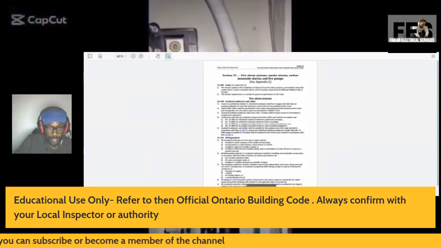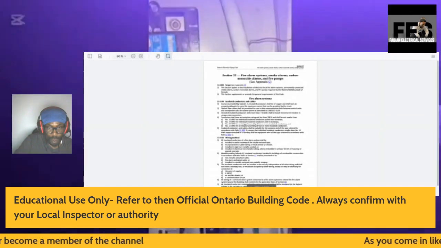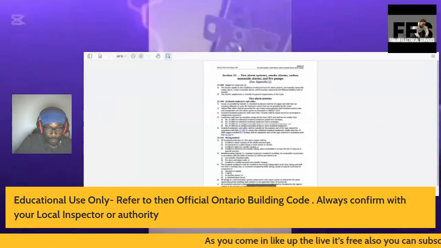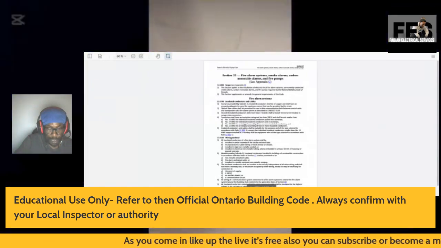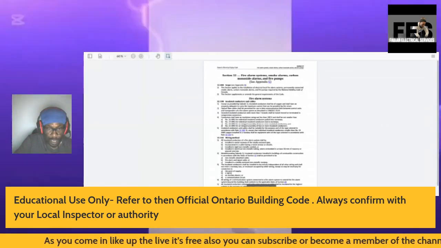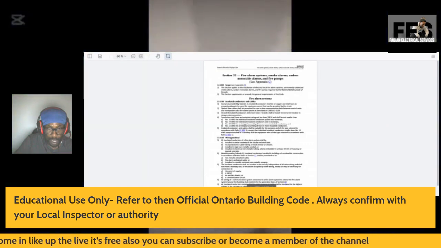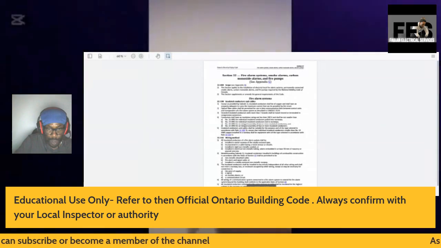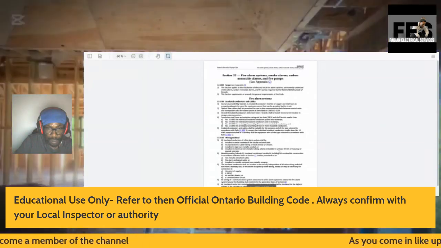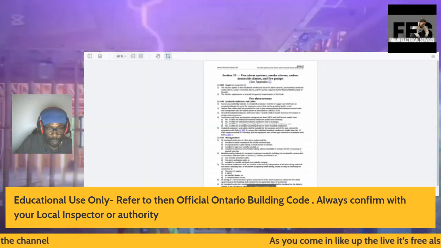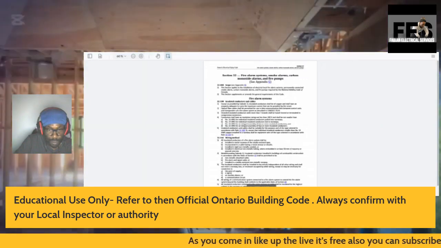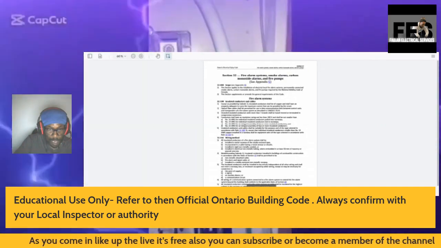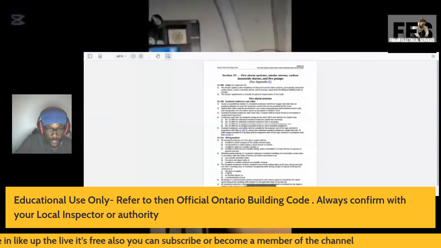Installed in rigid non-metallic conduit, which is the PVC that we use on the outside. Installed in electrical non-metallic tubing, embedded in at least 50 millimeters of masonry or poured concrete. Sorry, I believe rigid might be the other type of conduit.